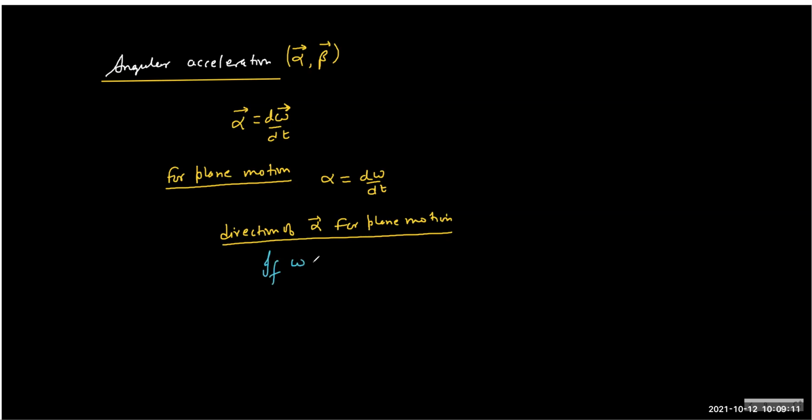If omega is increasing, because in plane motion we have the omega magnitude, then alpha will be directed along omega.